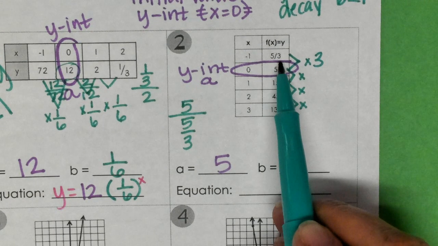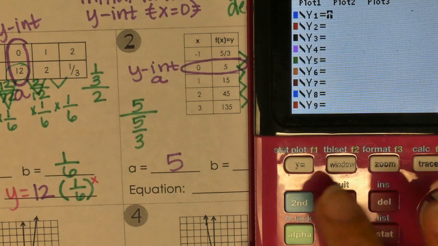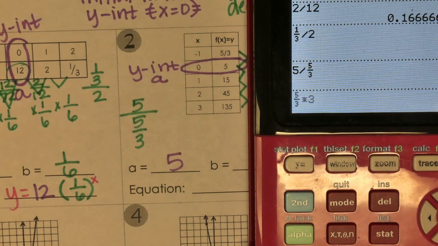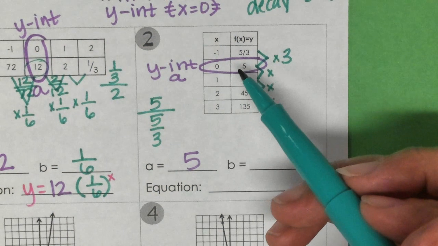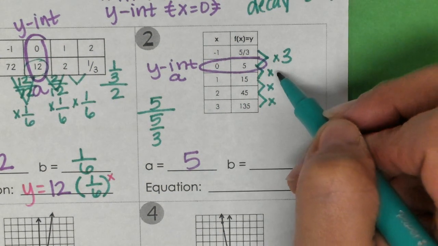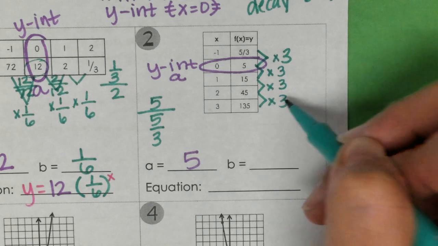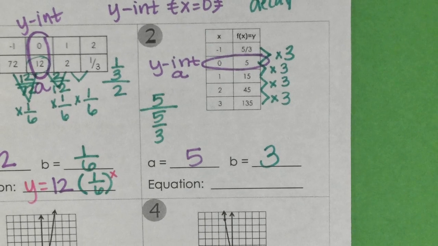Which makes sense if I do 5/3 times 3. That's 5. The 3's cancel out, just leaving the numerator. 5 times 3 is 15. 15 times 3 is 45. 45 times 3 is 135. So my b is equal to 3.